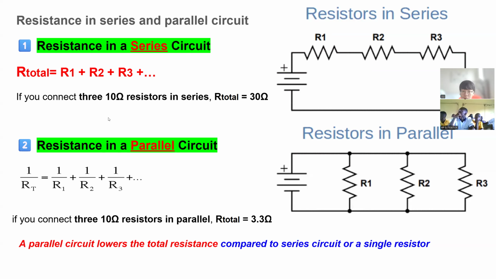For example, if you have three 10 ohms resistors in series, the total resistance would be 10 plus 10 plus 10, which is 30 ohms.